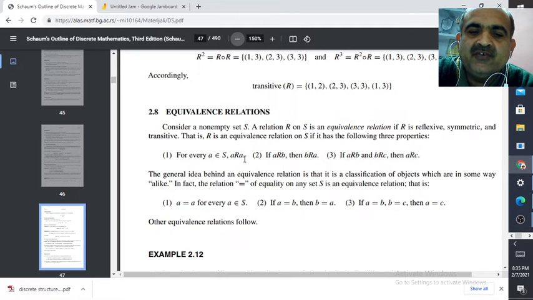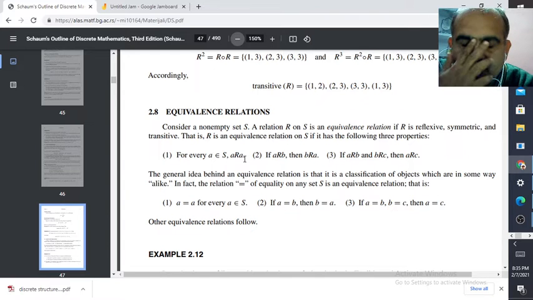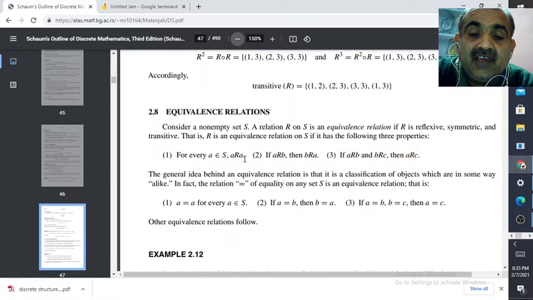And third, we have to check whether it is transitive or not. How do we check transitivity? See, if a R b and b R c exist, then a R c should also be there. Suppose there are ordered pairs (1,2) and (2,3), then check whether (1,3) exists or not.